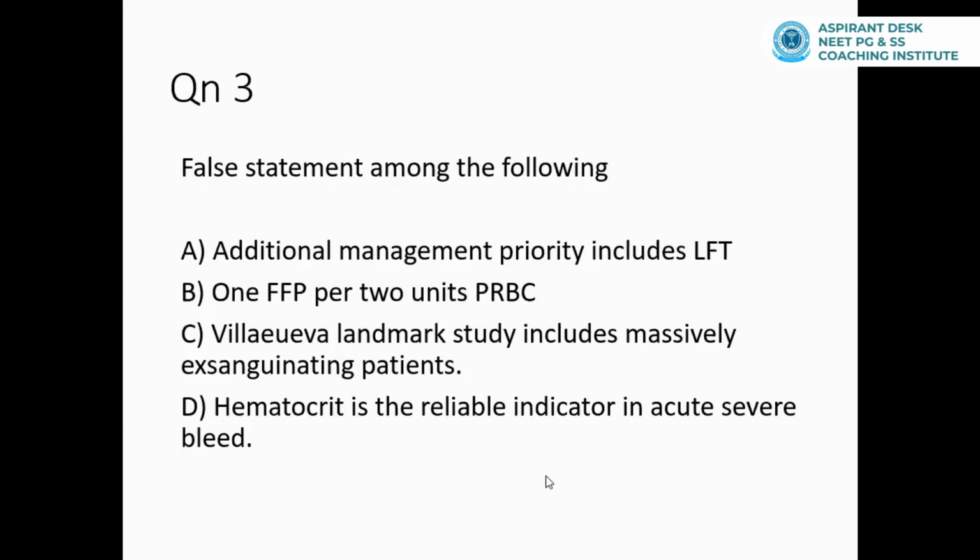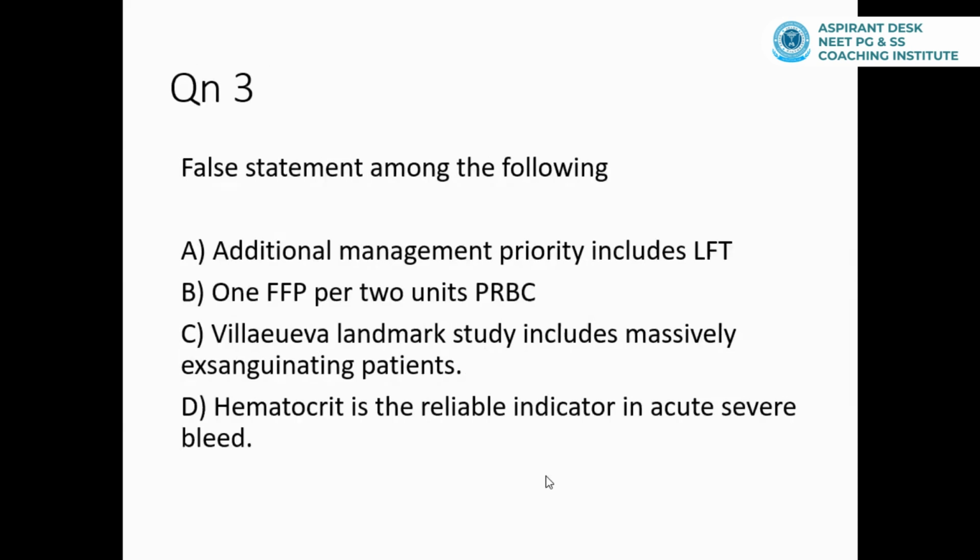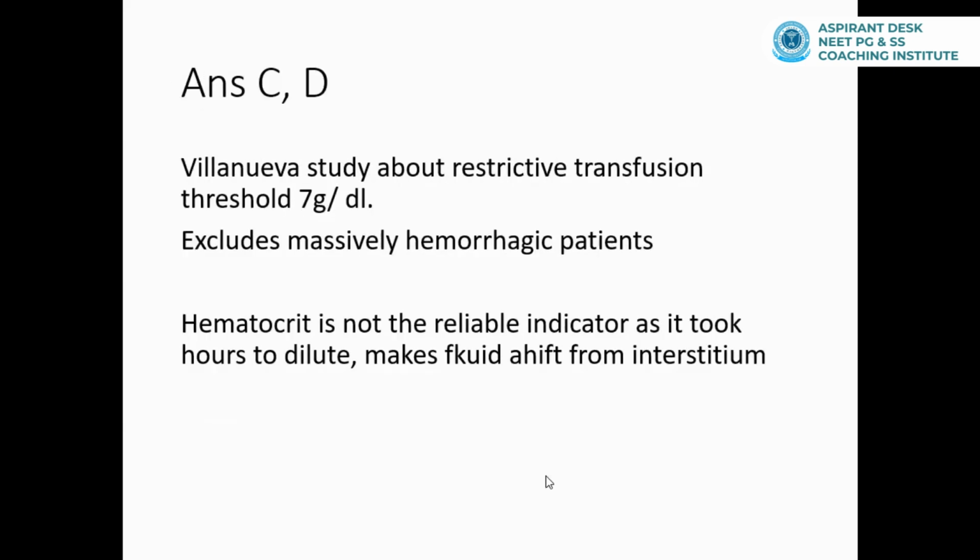Option D is also wrong: hematocrit is not a reliable indicator in acute severe GI bleed, as it takes hours to dilute and fluid shifts occur.